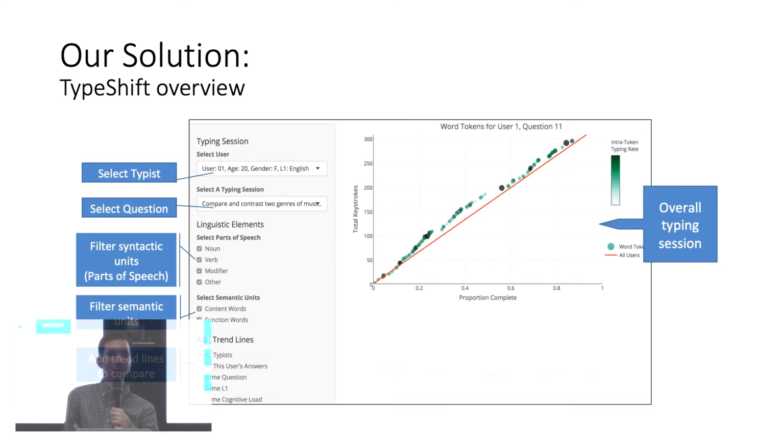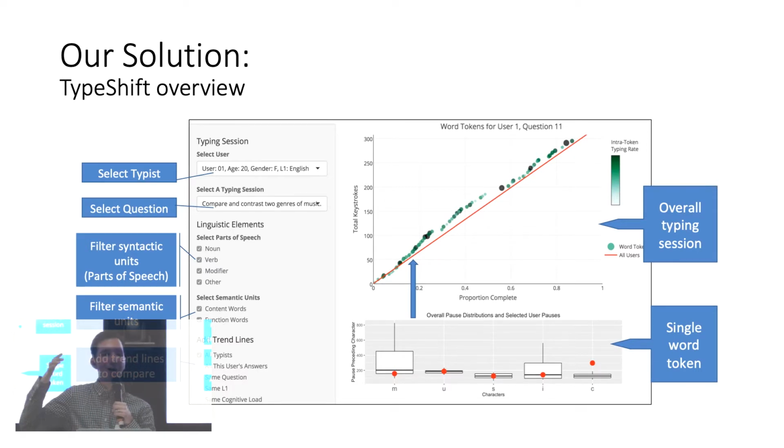The more vertical, the steeper the slope, means it's a more rapid typing session. More gradual, it's a slower typing session. The other thing to mention is that the size of the border of each dot tells you how many revisions went into that word, how many times they pushed backspace or delete. You can then click on each word token, and it will show you the letter by letter, keystroke by keystroke timing for each one compared to the rest of the population.